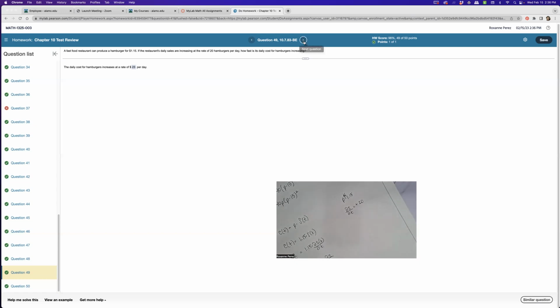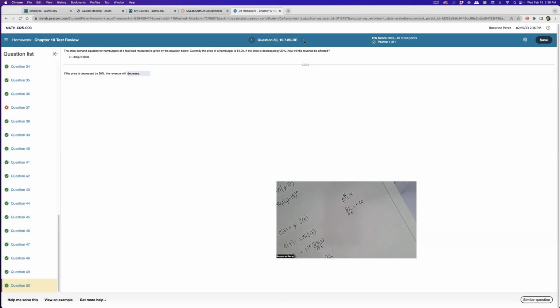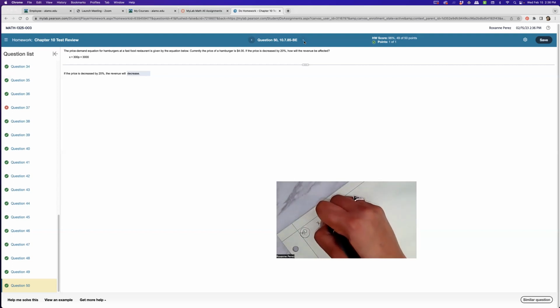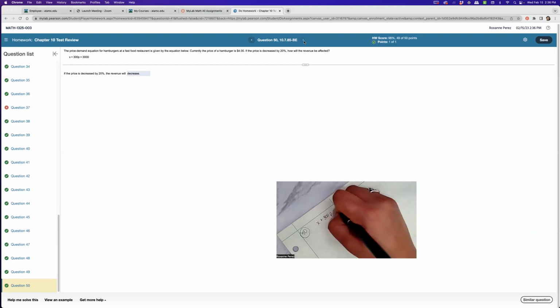Okay, the last one, 50. The price demand equation for hamburgers at a fast food restaurant is given by the equation below: X plus 300p equals 3,000.